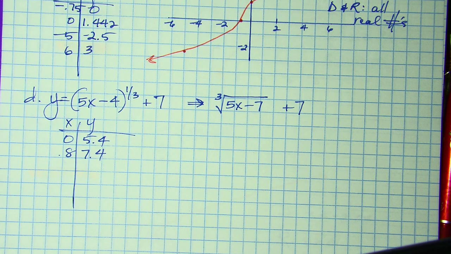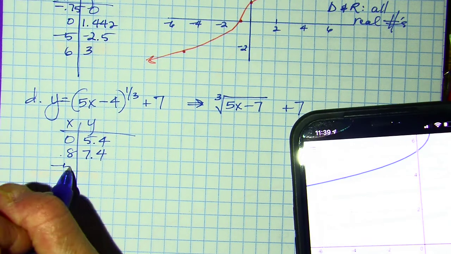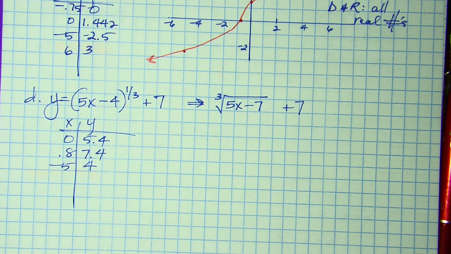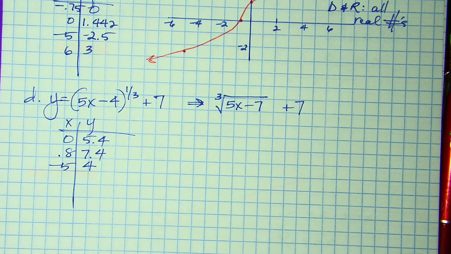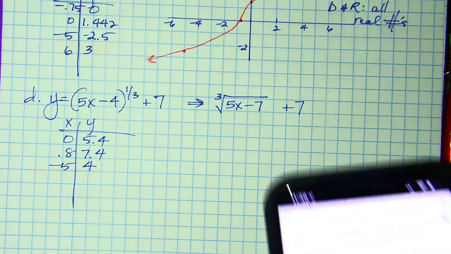It looks like, I'm just picking out points. It looks like -5 and 4. And where's another nice point? 4 and 9.